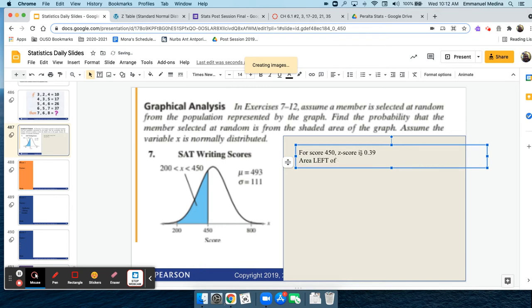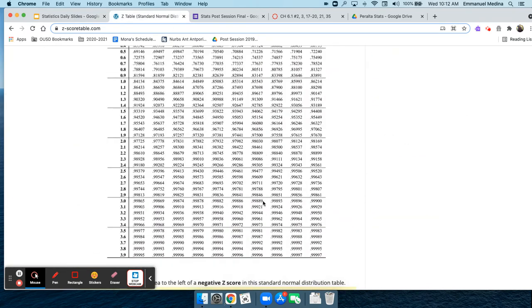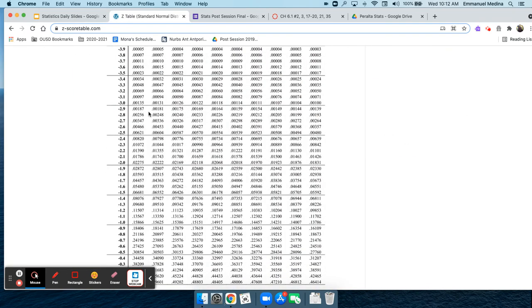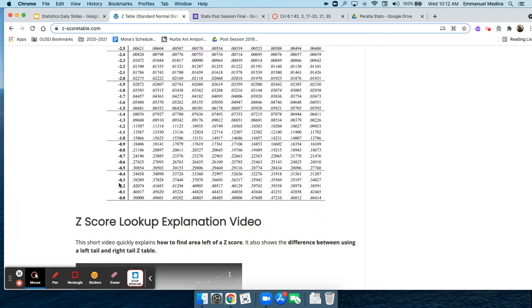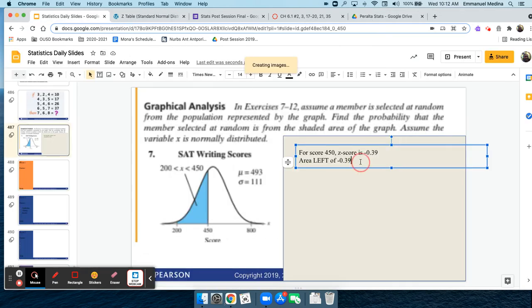There's negative 0.3, and then 0.09 is at the very end. 0.34827, which is right there. Okay, remember that 0.34827.